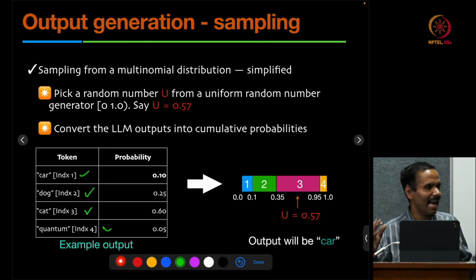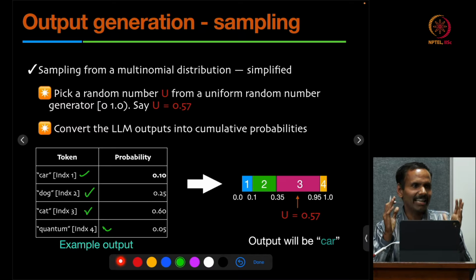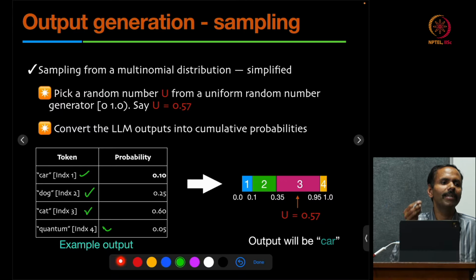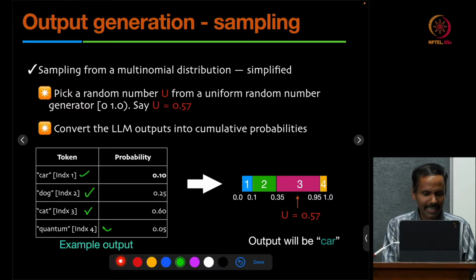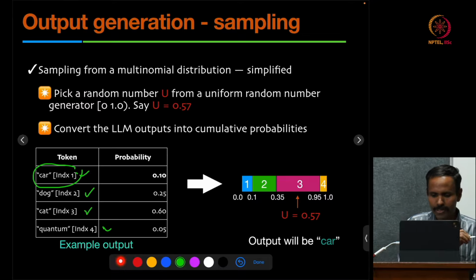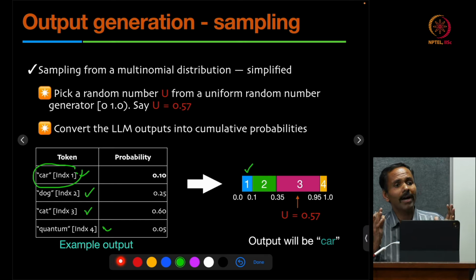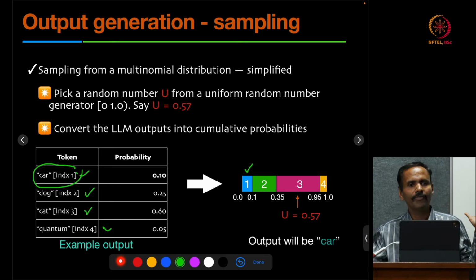The width of each entry is the probability of that index. If I have, let us say, car, the first token, it occupies 10% of the whole real estate of 0 to 1, right.